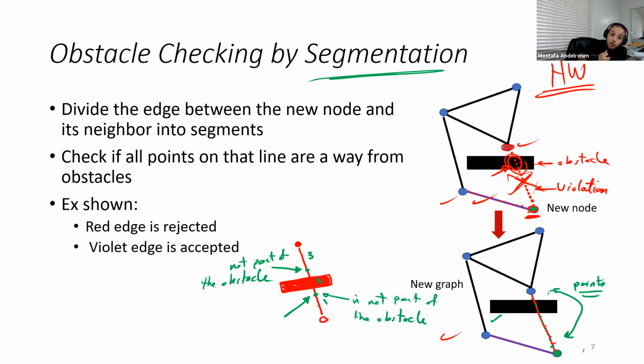Because you choose a very small value for this segments parameter, of course you will process fast, because you are processing fewer segments, or points on the segments. But you may judge this incorrectly, because we have only 2 points to check, and both are outside the obstacle.